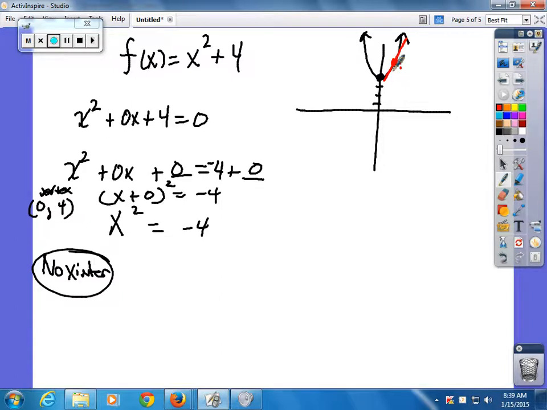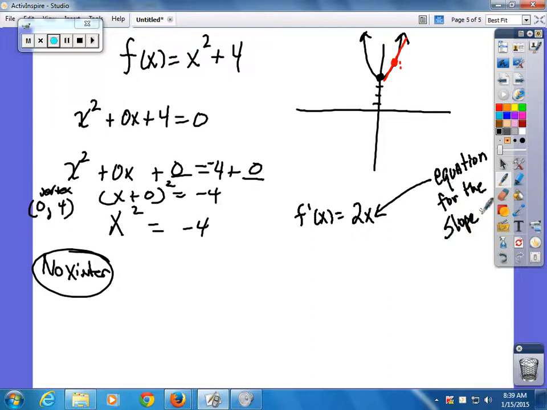Well, we know the equation, and that's what we found a while ago, f prime of x is equal to 2x. And what is that? That is the equation for the slope of the tangent line. That's what you're finding.